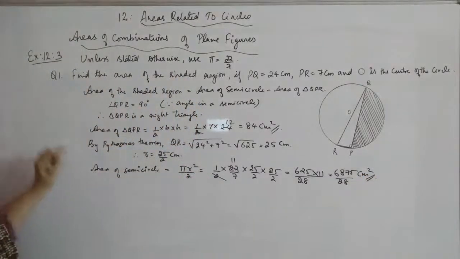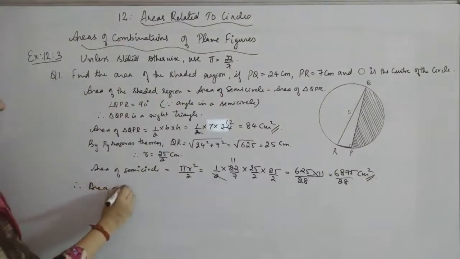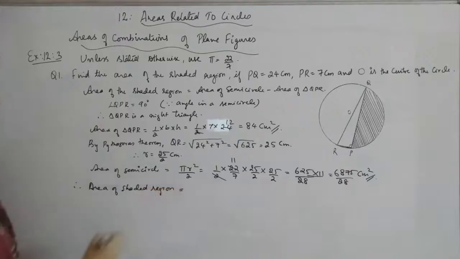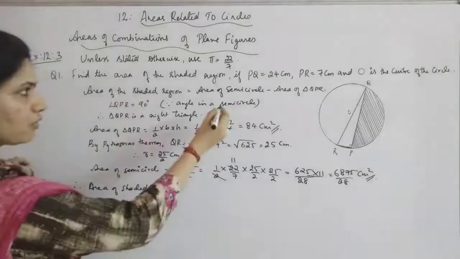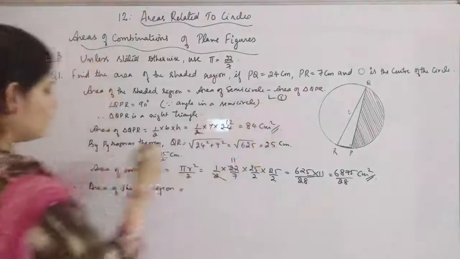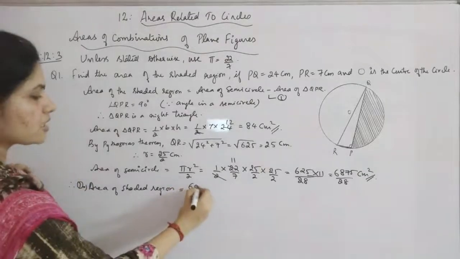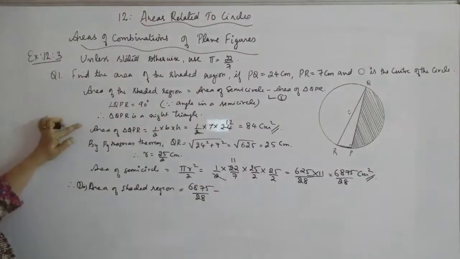Now what you need to find out? Area of the shaded region. Therefore area of the shaded region is equal to area of the semicircle, which we have already written. So substituting in 1, area of the shaded region is equal to 6875 by 28 minus area of the triangle, which is 84.